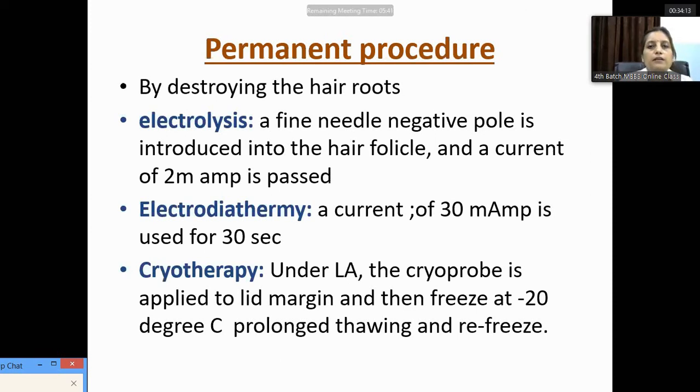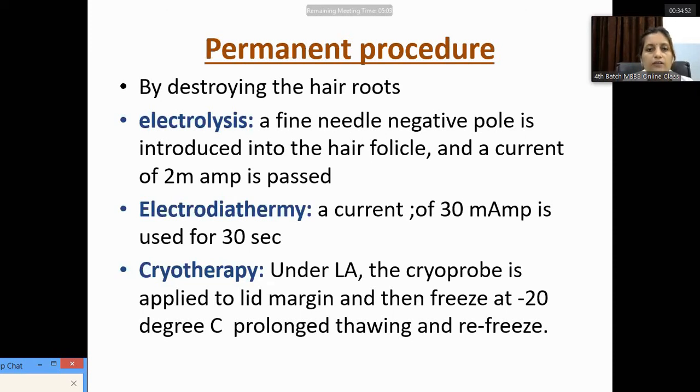So what are the permanent procedures in case of trichiasis? Trichiasis is a very common condition. Most of the time in the OPD we just block the misdirected cilia and remove it. But if it is distichiasis, in those conditions we have to do some permanent procedures to destroy the hair roots. Electrolysis is done with the help of a fine needle, negative pole, introduced into the hair follicles. Electrodiathermy can also be used, where a current of 30 milliamperes is used for 30 seconds.